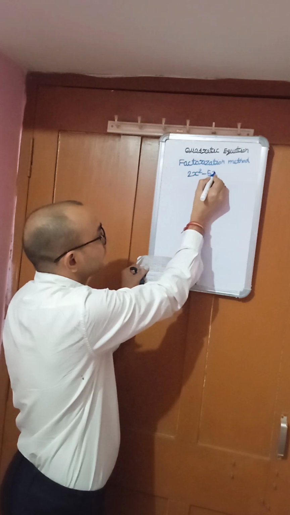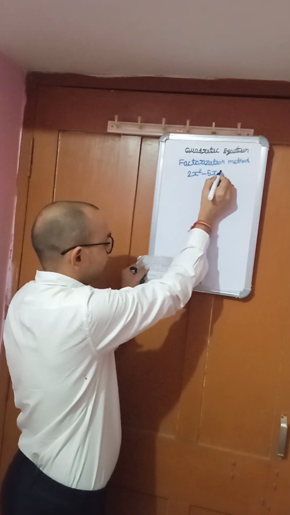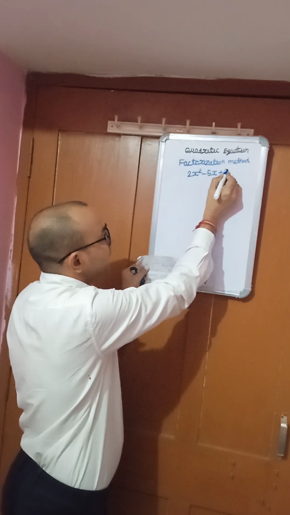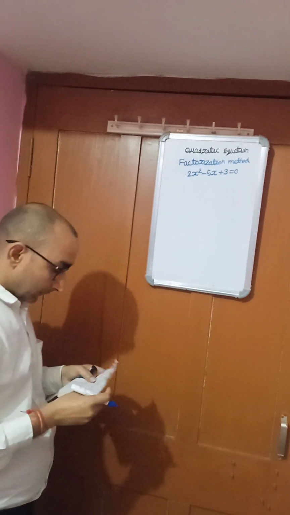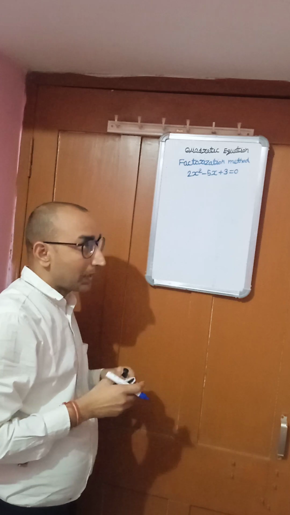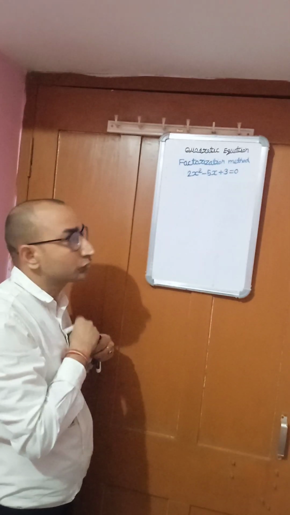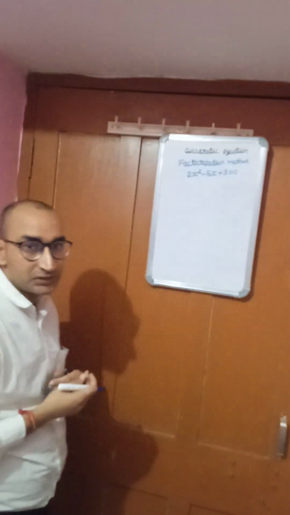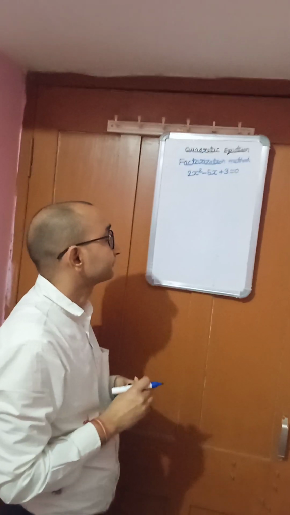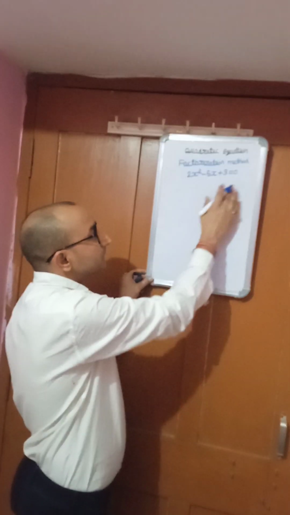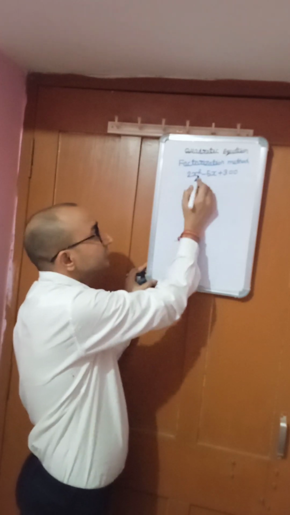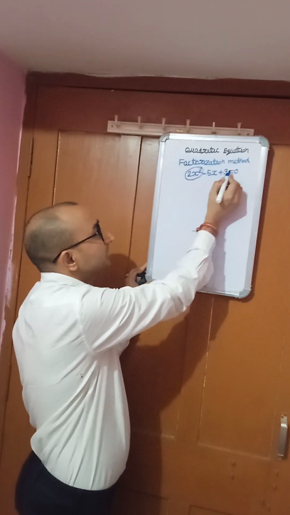So I will solve this question by the factorization method, the middle term splitting method. For this we have to multiply the constant term with the coefficient of x square.